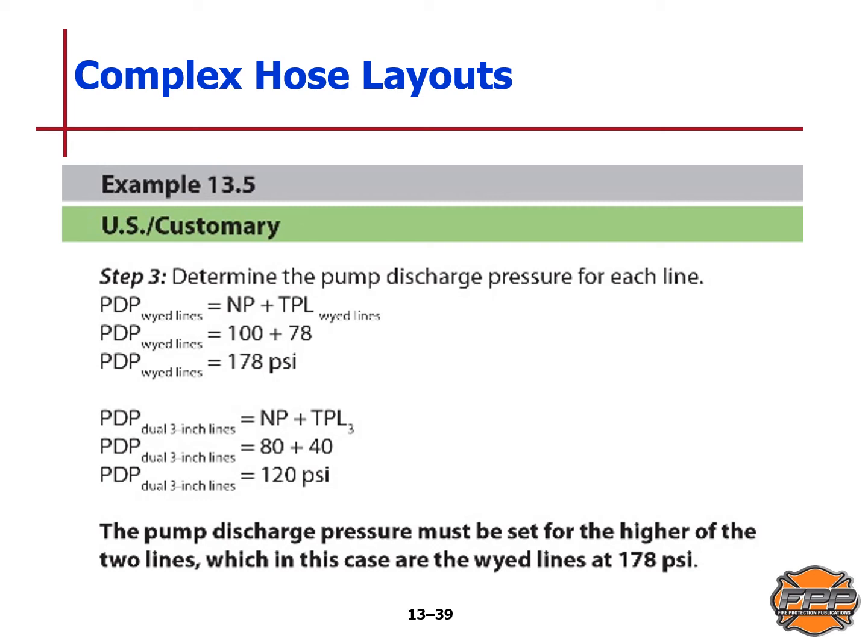The PDP for the dual 3-inch lines equals the nozzle pressure plus the total pressure loss, so 80 plus 40, which comes out to 120 psi. The pump discharge pressure must be set for the higher of the two lines, which in this case are the wide lines at 178 psi.